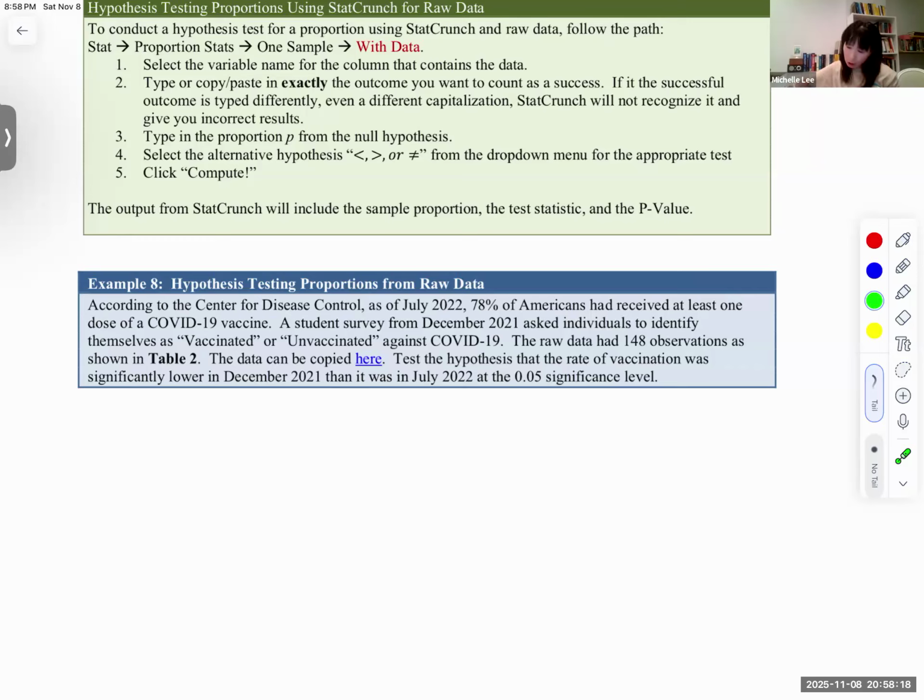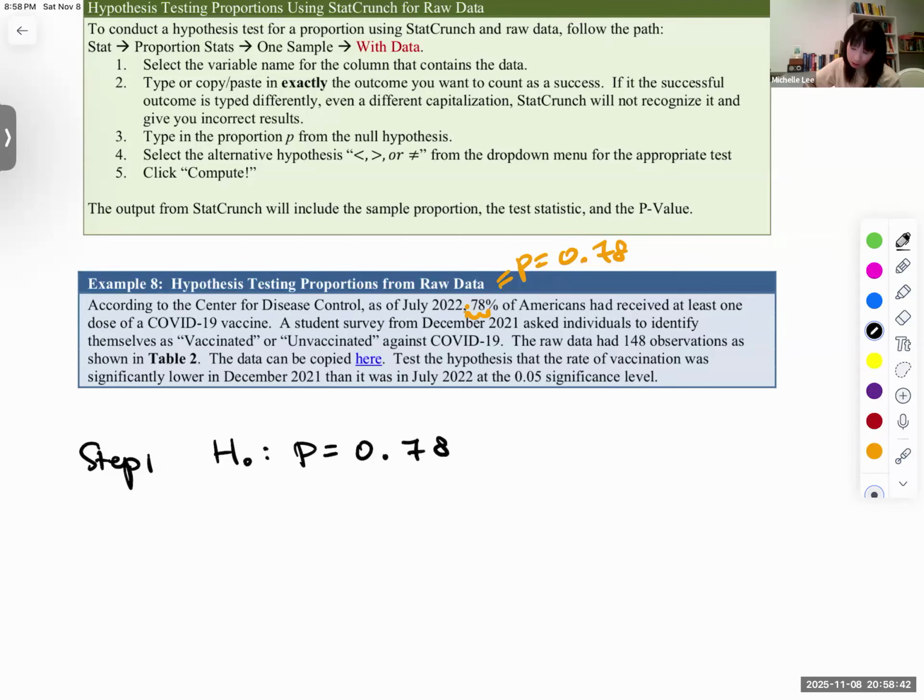Okay, so we can see that 78%, that is P, which is 0.78, right? All right, so step 1, the null hypothesis, the population proportion, which is 0.78, right?